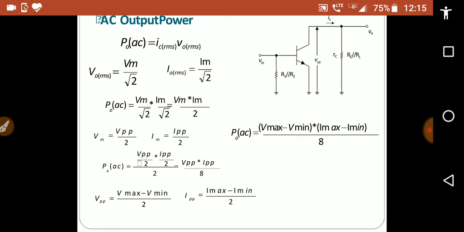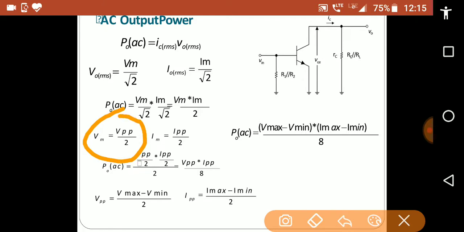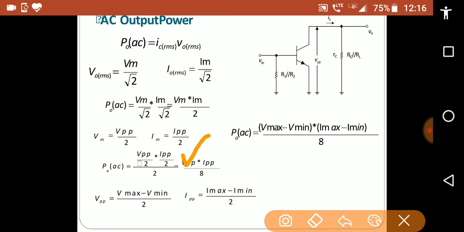Here Vm equal to Vpp by 2, that is, V maximum equal to V peak to peak by 2, and Im, the maximum current, equal to I peak to peak, IPP by 2. So POAC equal to Vpp by 2 into IPP by 2 divided by 2.